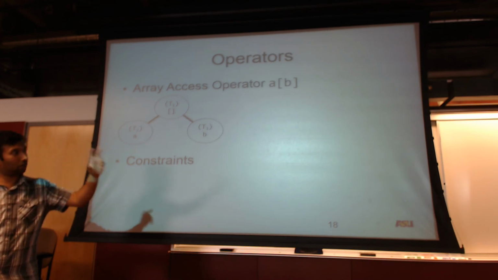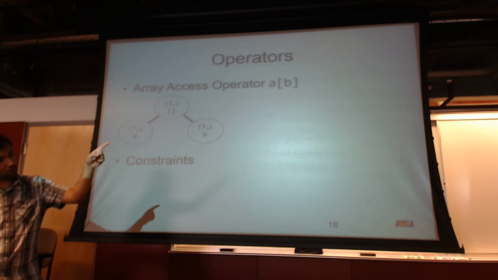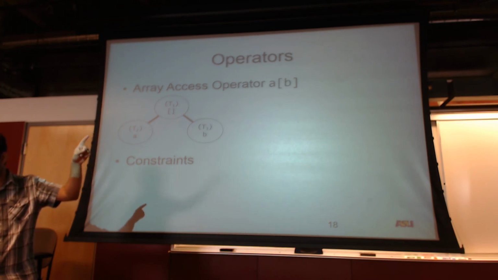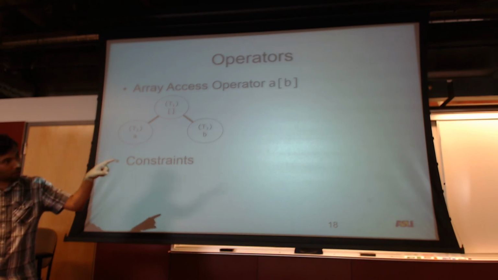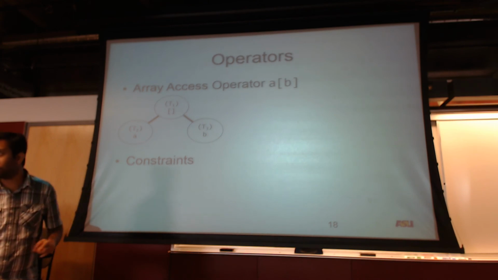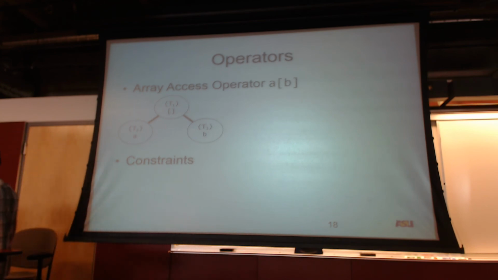You cannot have B and A switched, because that will mean something different. You first have the root node as the open and close square brackets, then A as the left node and B as the right node. You have to follow this formula. So what are the constraints? The constraint is that type T2 should be an array of T1.